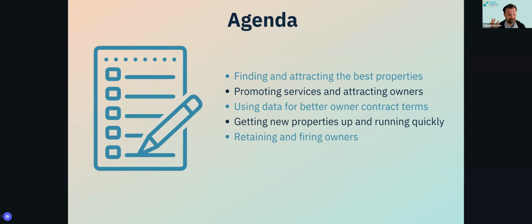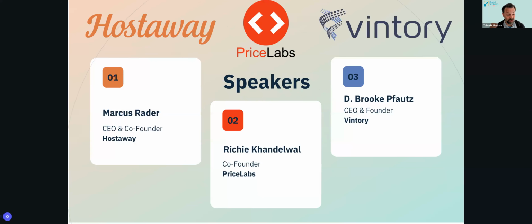Also, how to get new properties up and running quickly, how to retain these owners, and sometimes who we should fire in terms of owners. It's a hot topic. And I'm very happy to have speakers today who know the industry and can really tell you what it's like.